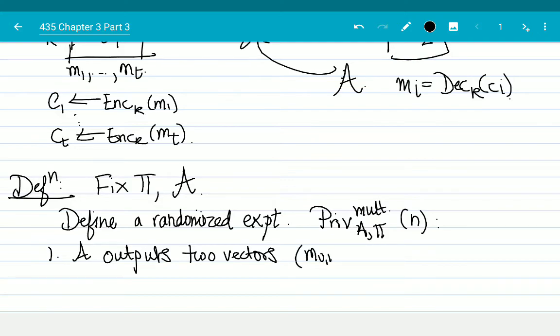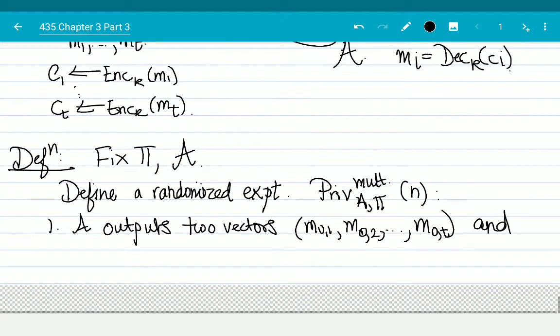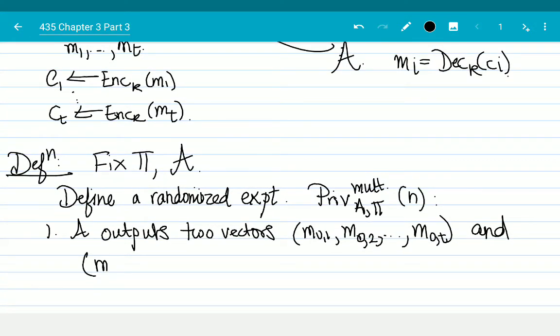m01, m02 ... m0t, and m11, m12 ... m1t. So they're both length t vectors.